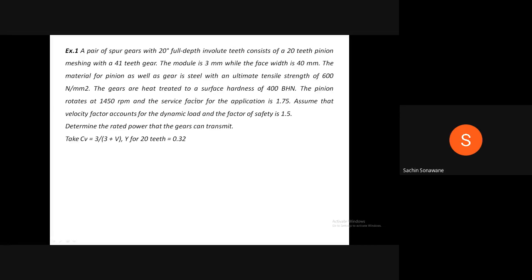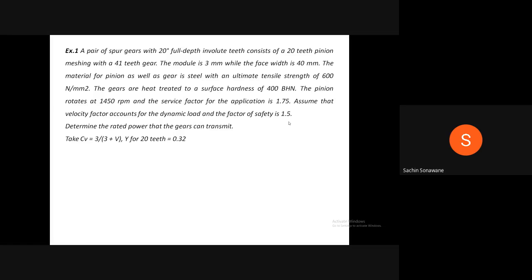The pinion rotates at 1450 rpm and the service factor for the application is 1.75. Assume that velocity factor accounts for the dynamic load and the factor of safety is 1.5.